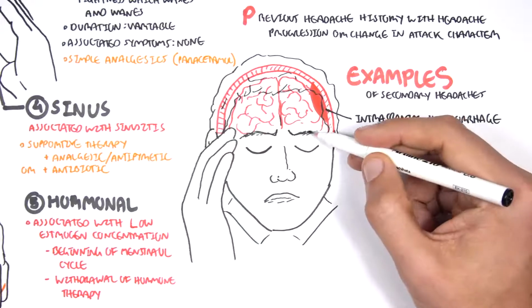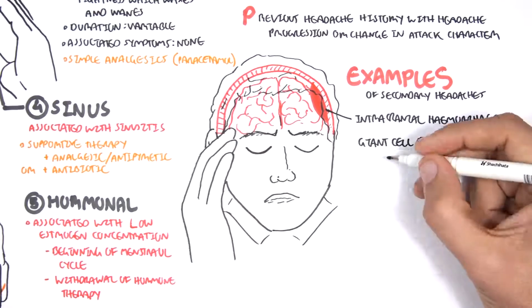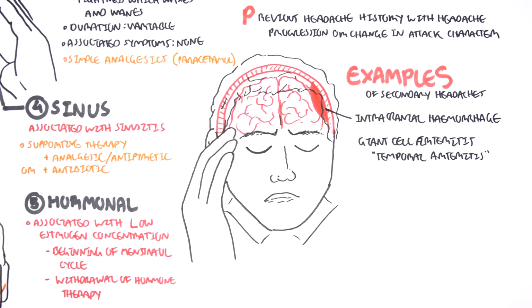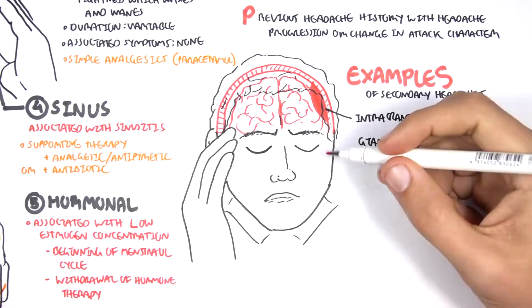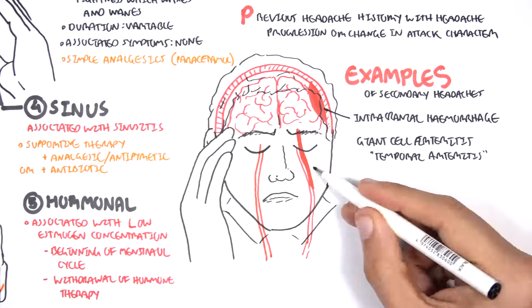Another example is giant cell arteritis, also known as temporal arteritis, which is essentially the temporal artery on the side of your head being inflamed. The final example of a secondary headache is an internal carotid dissection.